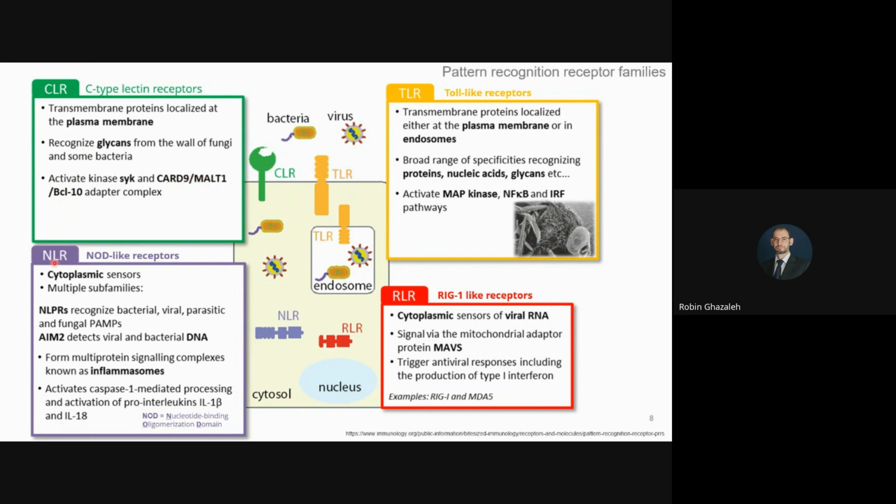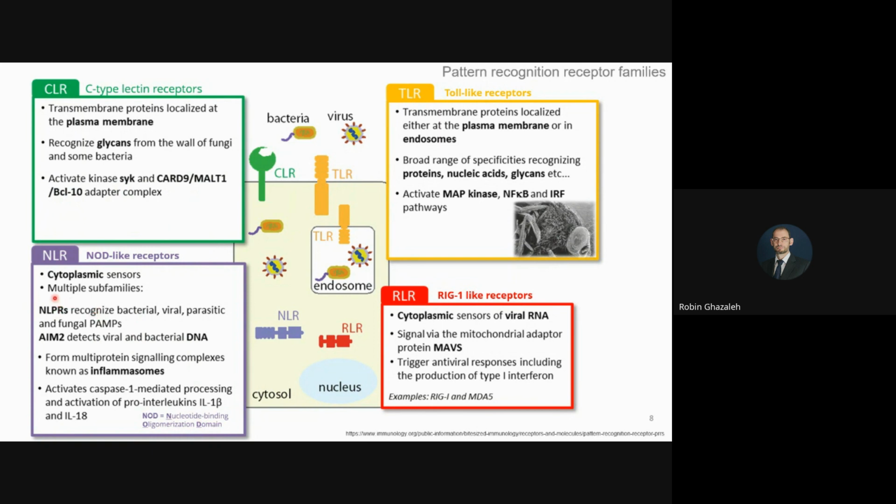Now let's come to this one. NLR, it stands for nod-like receptor. You need to comprehend these four classes. The precise definitions aren't really something to remember too much, but NOD stands for nucleotide binding oligomerization domain. So N for nucleotide. So as the name indicates, it's recognizing DNA and recognizes viral and bacterial DNA.